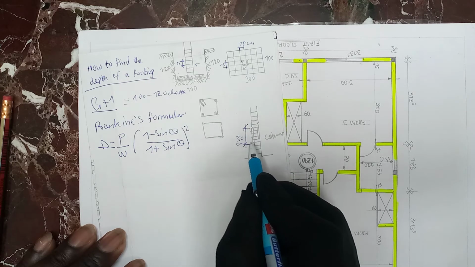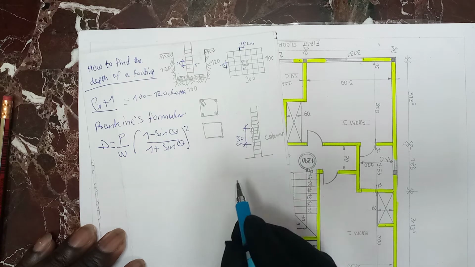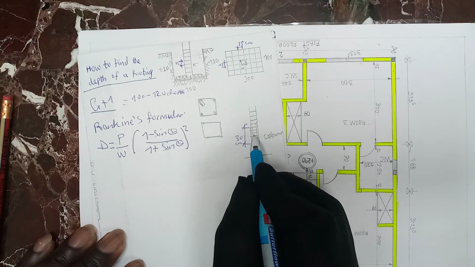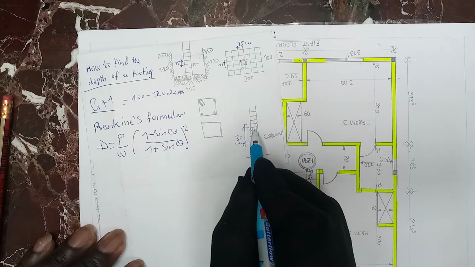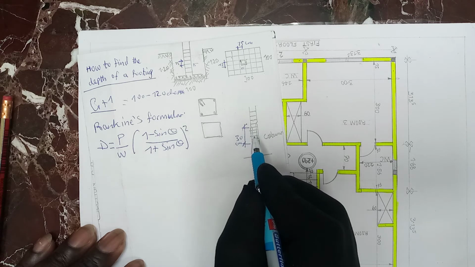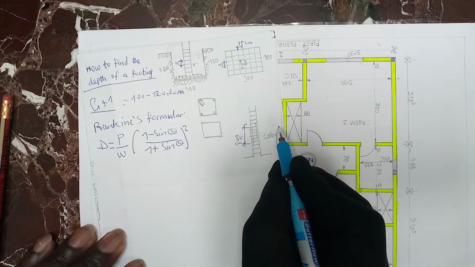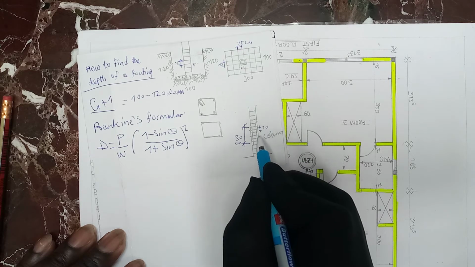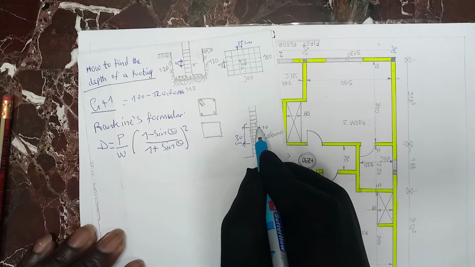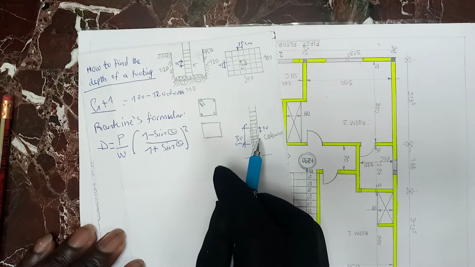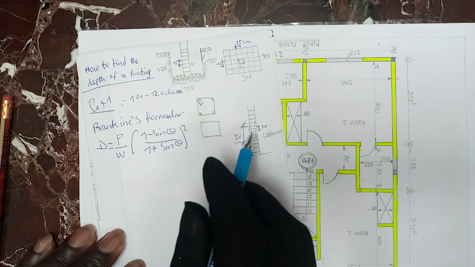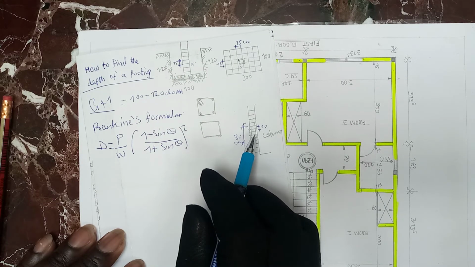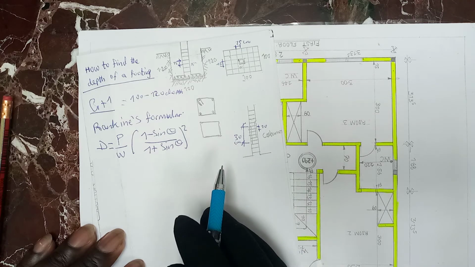In this portion of overlapping, your stirrups have to be closer, at least 10 centimeters, center to center, towards the portion of overlapping.